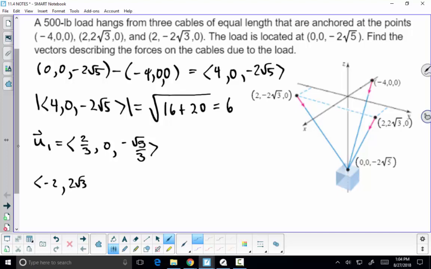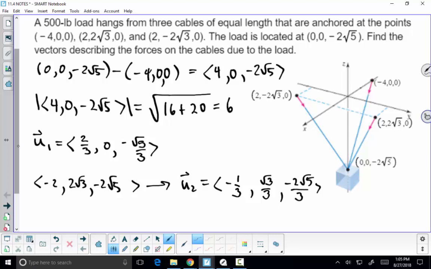And then minus 2 root 5. And what's the length of this vector? Also 6. So this tells us that our second unit vector is going to be that vector divided by 6. So we're going to get negative 1/3, we're going to get root 3 over 3, and we're going to get minus 2 root 5 over 3.